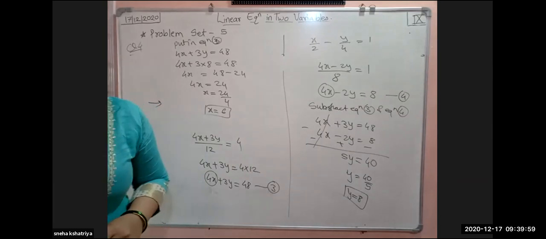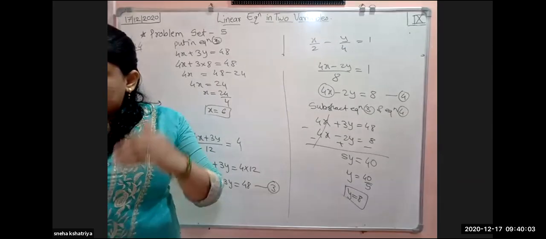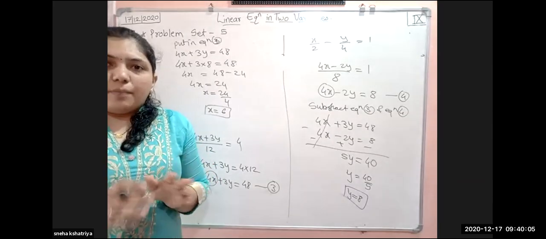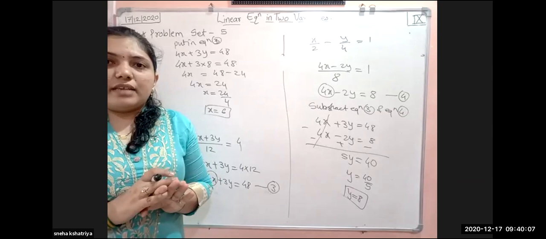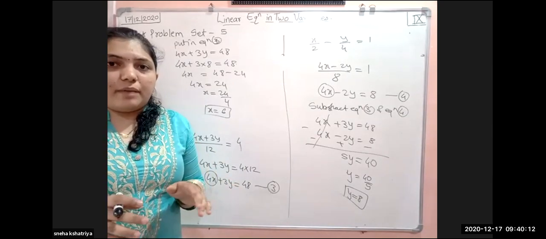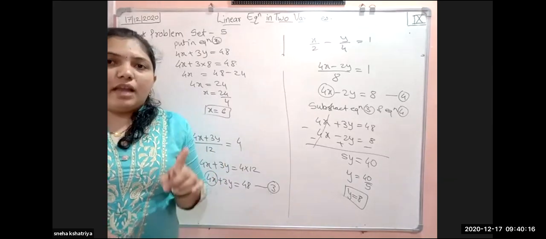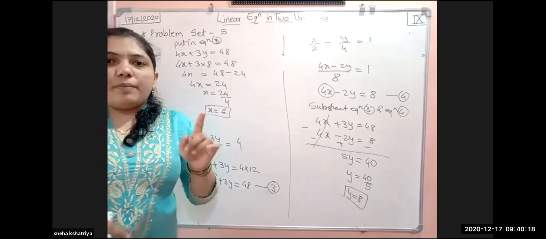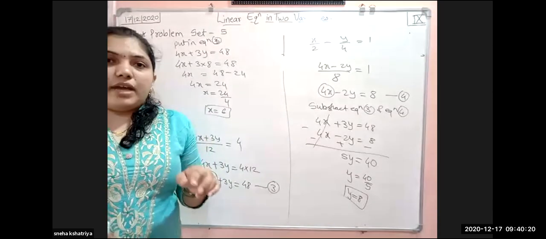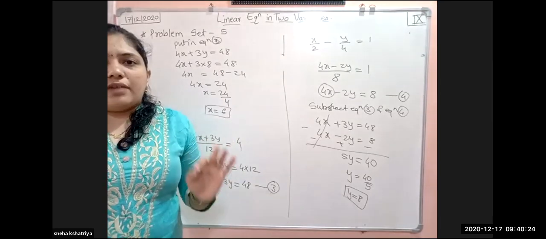Okay. And one more thing: from question number 5 to the rest up to 10 from the problem set, these examples are not there for your exam because they are reduced from your syllabus. For this year only, the syllabus is reduced. So not a single question from 5 to 10 will come in your exam.